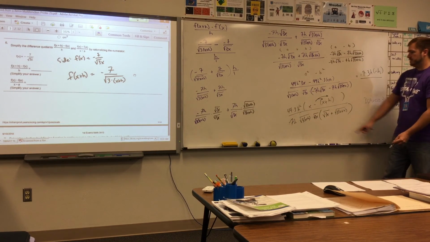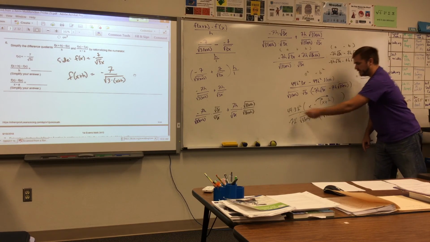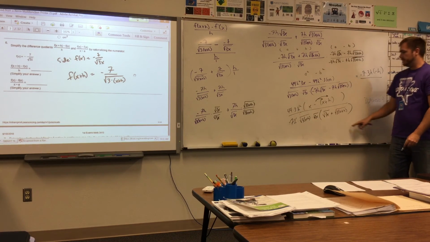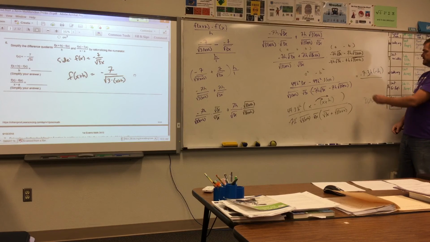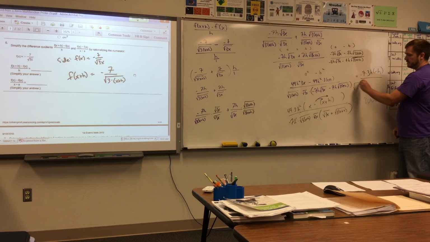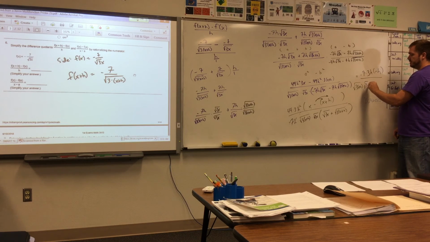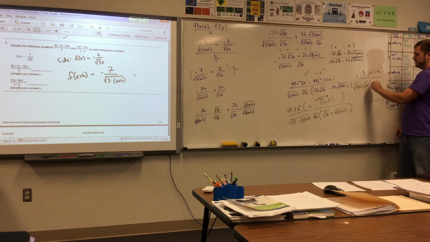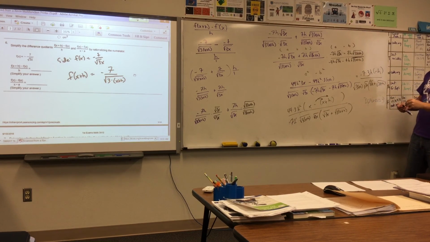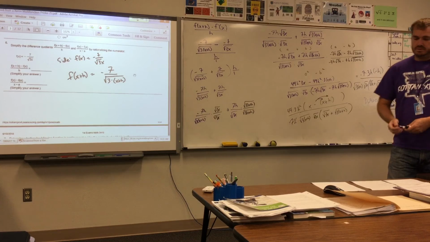That h cancels out that h. And then this whole denominator as is: square root of 3x plus h, square root of 3x times square root of 3x plus square root of 3x plus h. That negative would turn positive, the h would be squared, then we'd have 21. Let's check our final answer.